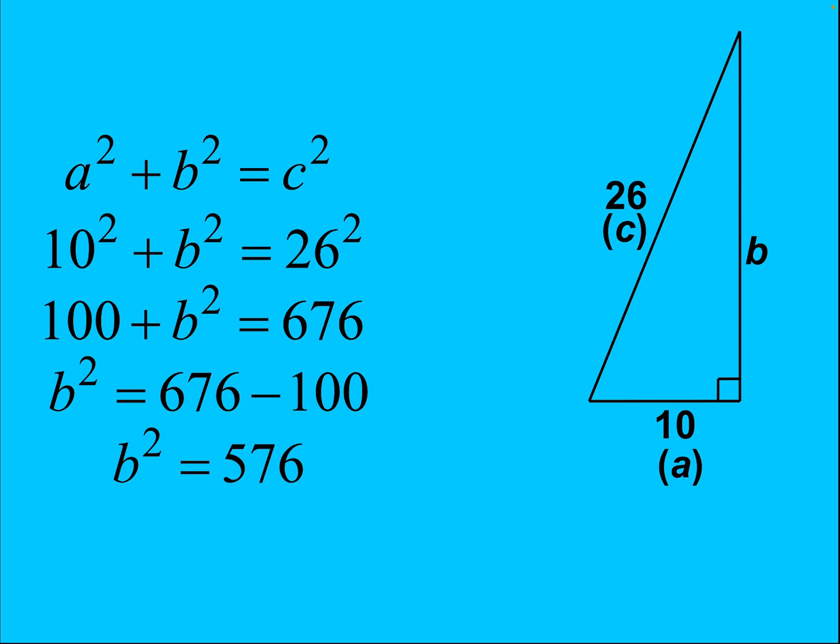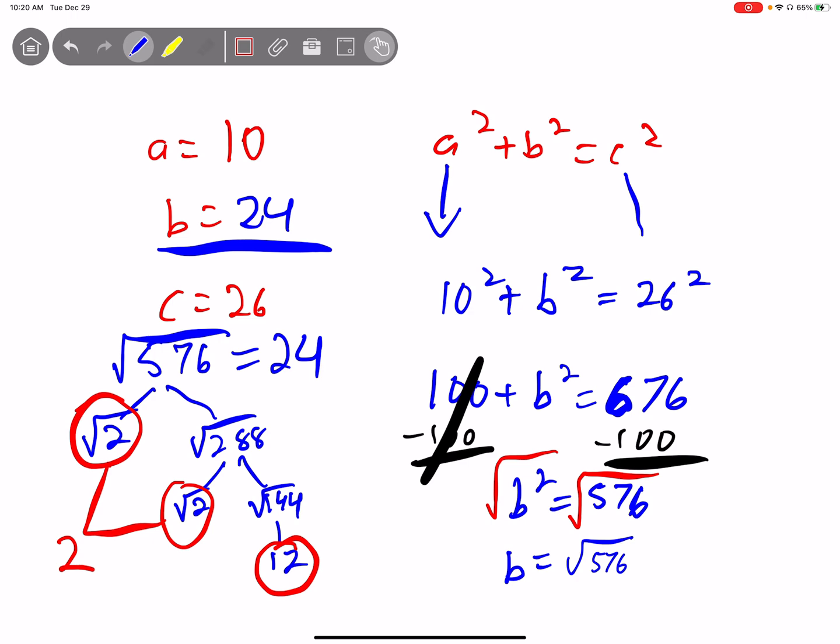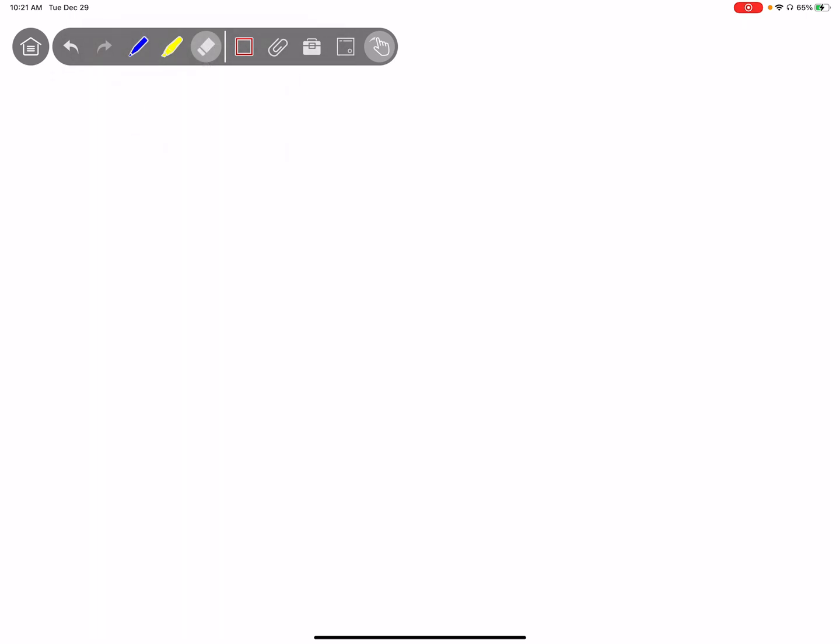Now, the very last thing that I'm going to talk about using the Pythagorean theorem is understanding how to use the sides of a triangle to prove that a triangle is a right triangle or not.